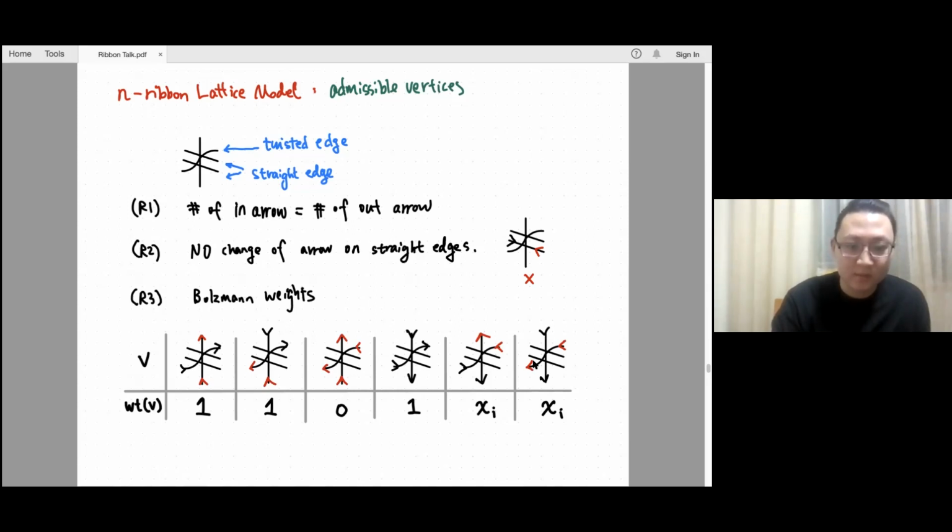These are the same configurations on the twisted edge and the vertical edge, and then I'm going to throw in some q's. We basically multiplied everything except for the 4th one by q to the power of s, and s means the number of left arrows in the edges circled by the blue circle.